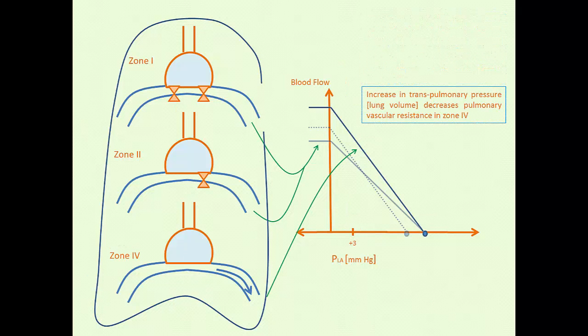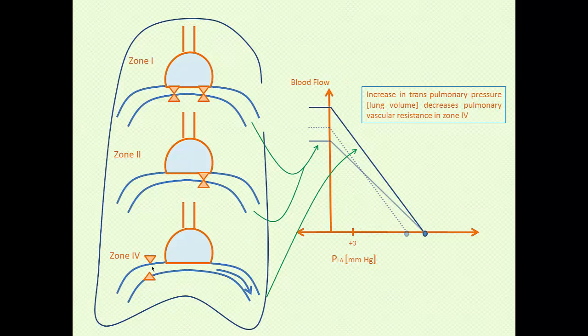But interestingly, if you increase lung volume or increase transpulmonary pressure in zone 4 physiology, you actually tend to decrease pulmonary vascular resistance. And the reason that occurs is because zone 4 occurs when there is interstitial alveolar edema.